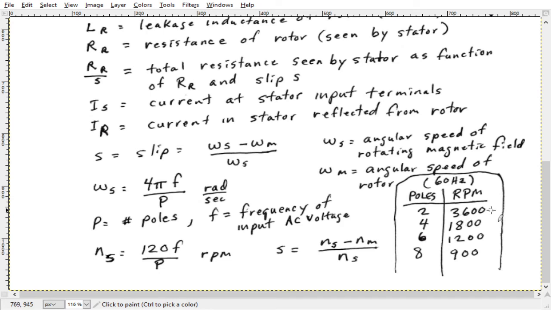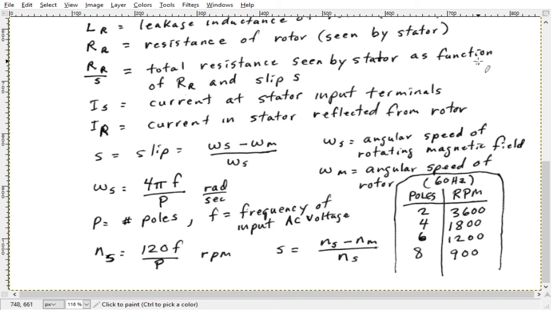And if you're talking about a slip of 4%, then you'd have a speed of 1 minus 0.04, which would be 96% of this. So you're always going to be some percentage of this, depending on the slip.